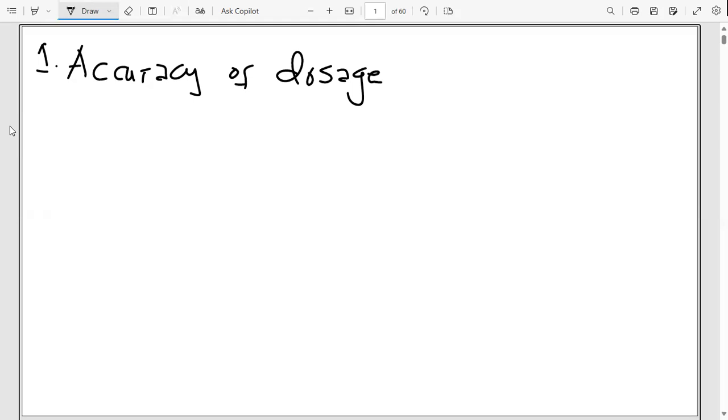you're going to find that there is going to be misinterpretation, and that can be also another point, but I've just included it into this same first point to say we have to ensure accuracy of dosage, of which it can also mean that we want to minimize misinterpretation.